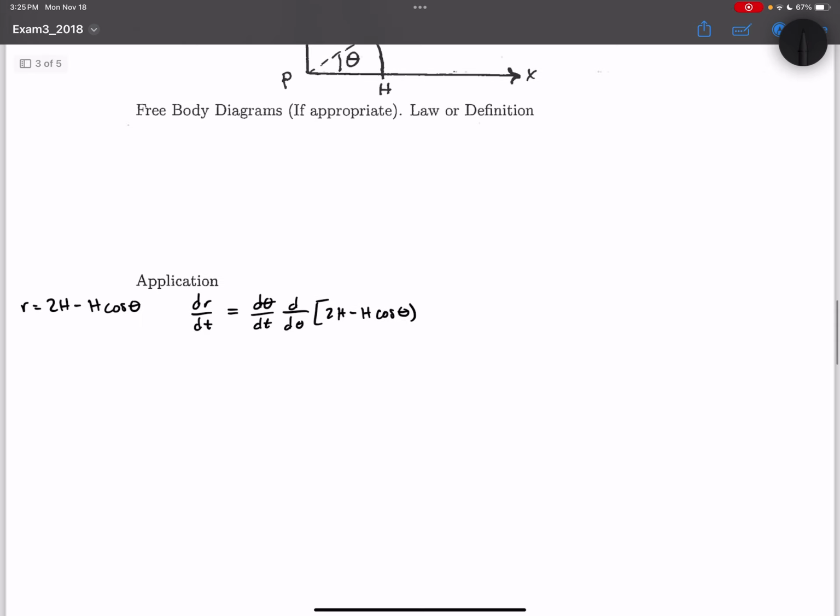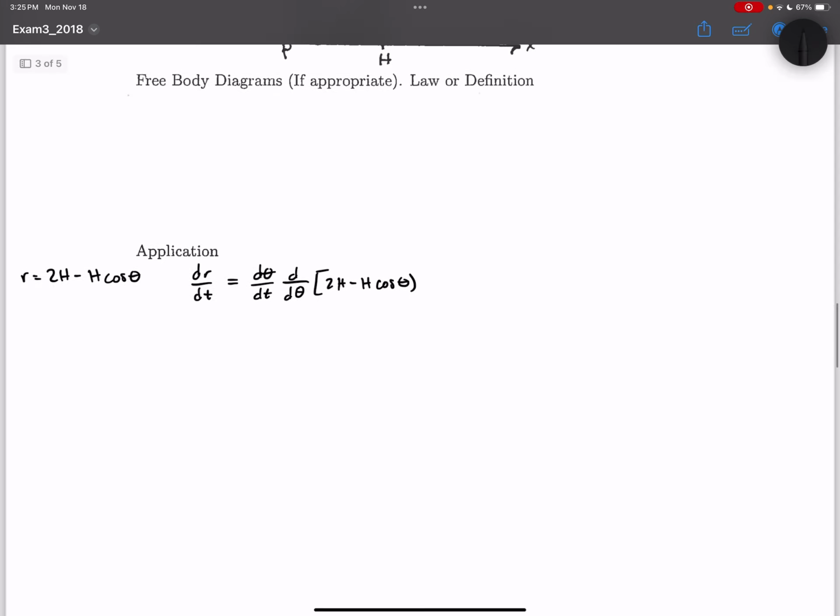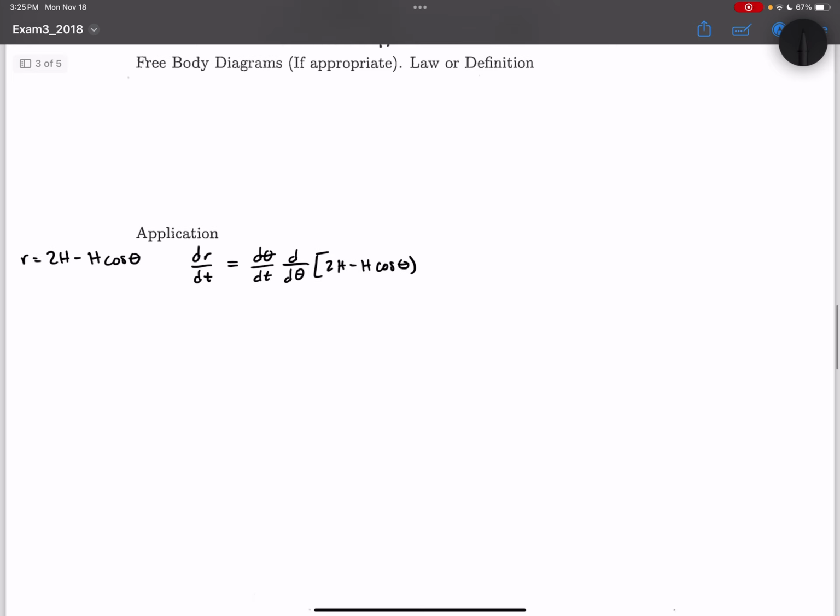That way, these two thetas up here cancel out, and it's similar to taking dr dt. Because this is r right here, and then this would be dr d theta times d theta dt, and the d thetas would cancel out, leaving the dt.